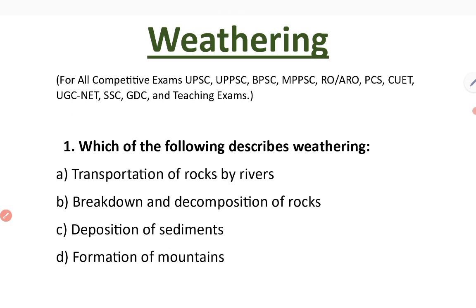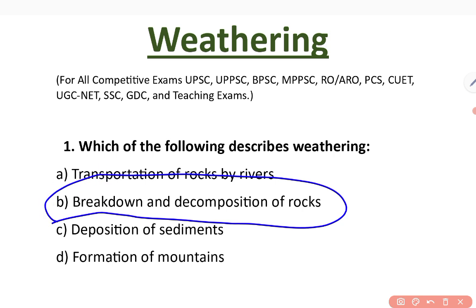This is the first question. First, pause the video and try to answer it. Which of the following describes weathering? So weathering means breakdown and decomposition of rock in situ. In weathering, transportation is not included and deposition is not included.